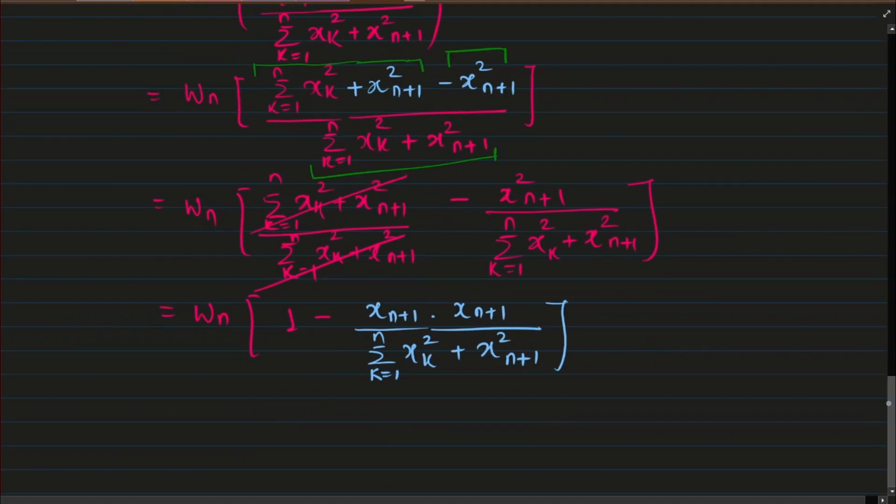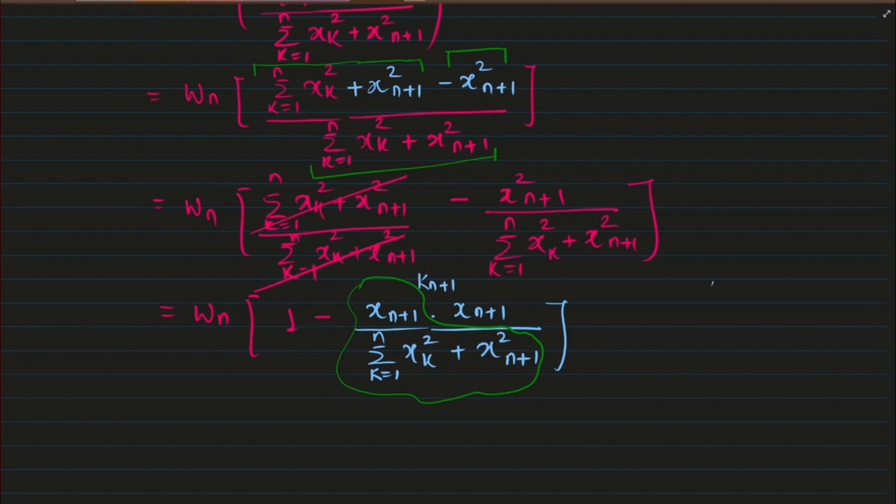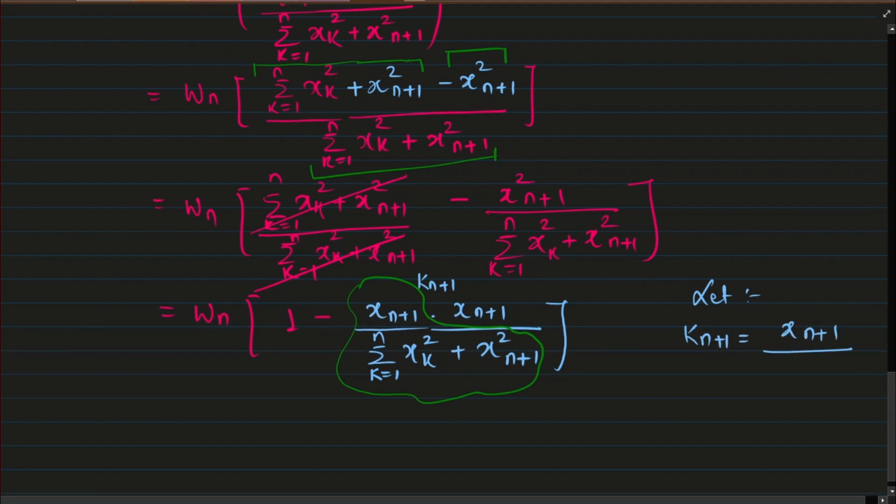Remember, we are just dealing with expression 1 so far. And here again, I'm going to do some manipulation. I'm going to declare this part as an alternate term called k n plus 1. So let me just write it down. Let k n plus 1 be x n plus 1 divided by the sum over k equal to 1 going up to n.